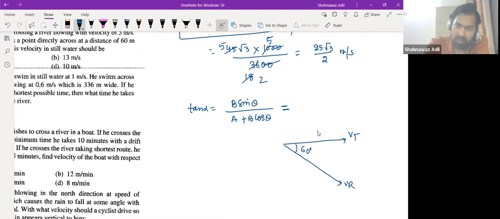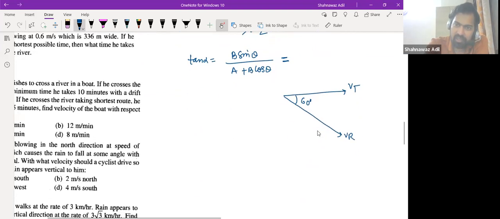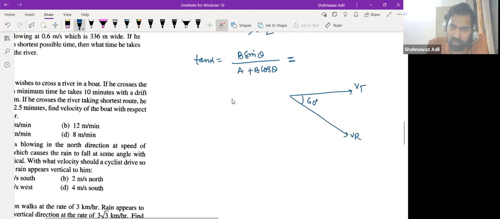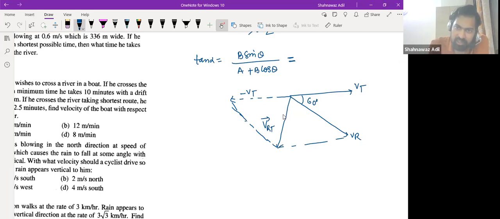And we know from the triangle law, right? So this would be minus Vt, and if I draw this one and this one, this is my resultant, right? And this is exactly like this graph.